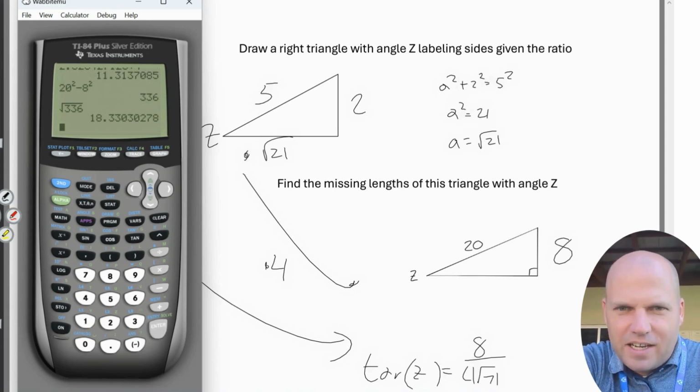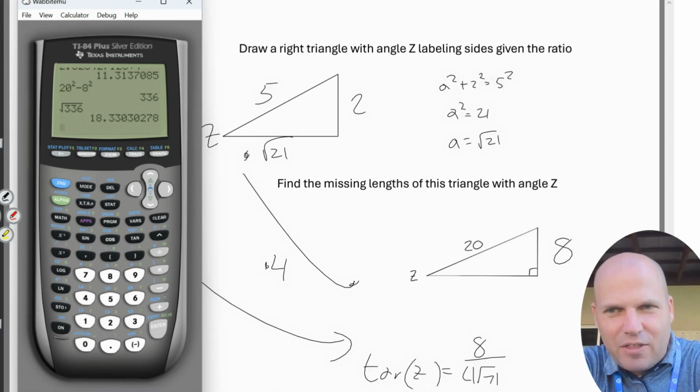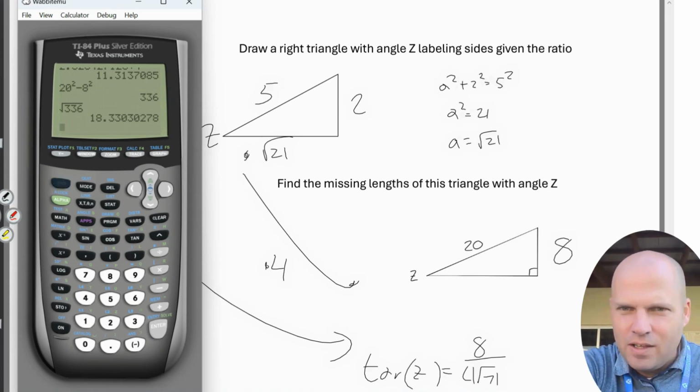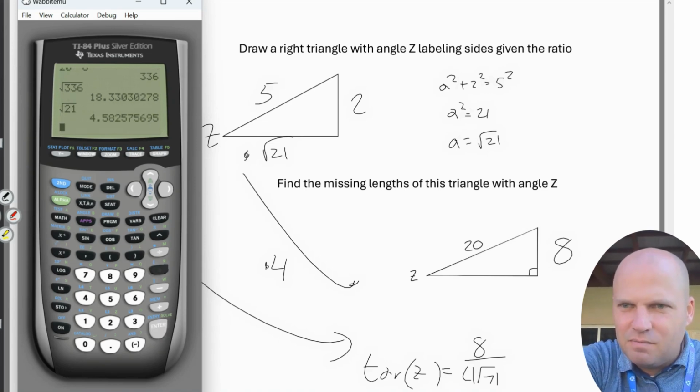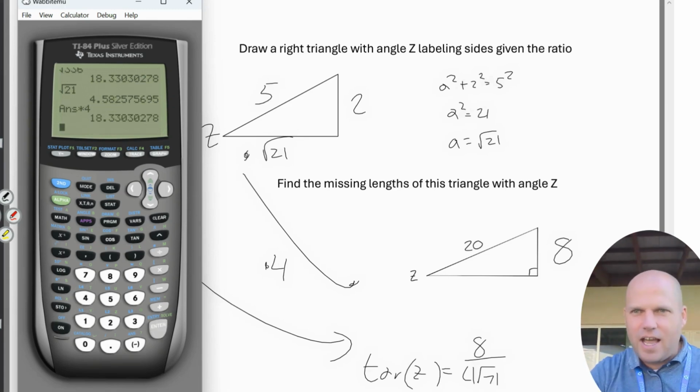Cool. But what I'm telling you is that you didn't have to use the Pythagorean theorem here. You used the Pythagorean theorem on the top one, and you got the square root of 21, and all you had to do is scale it. Multiply it by 4, because this triangle is 4 times bigger than the other triangle. And look at that. Square root of 336 is the same as 18.333.